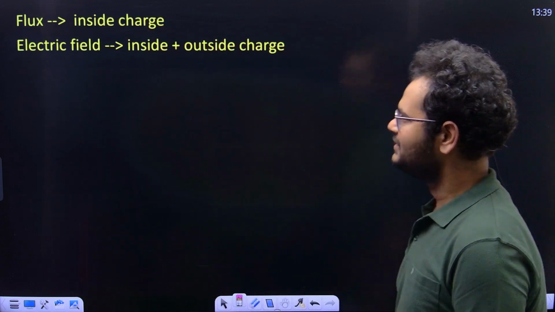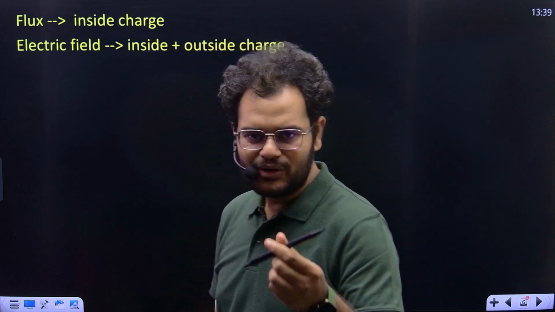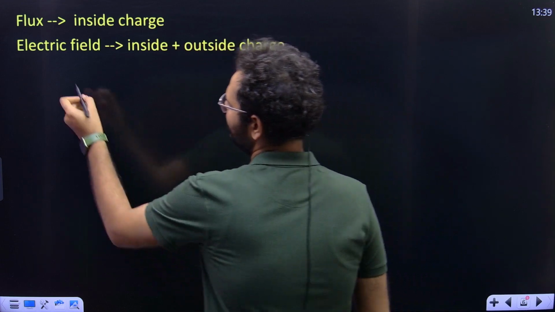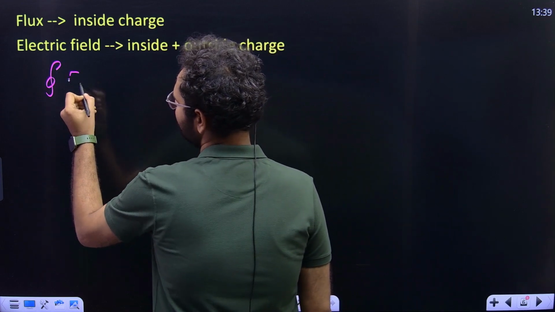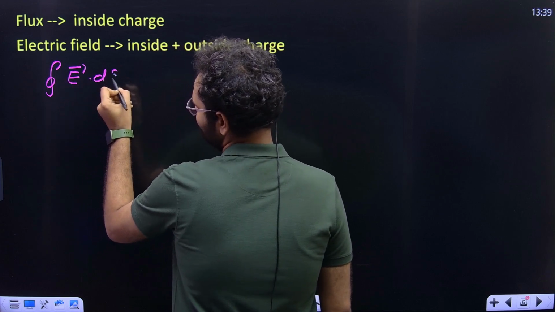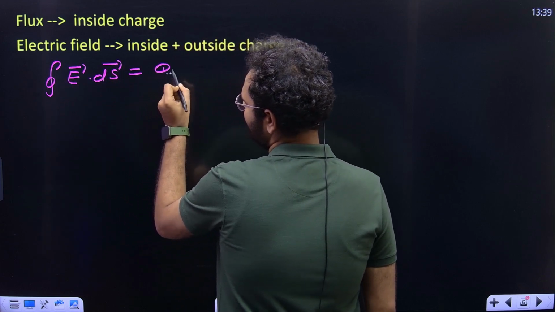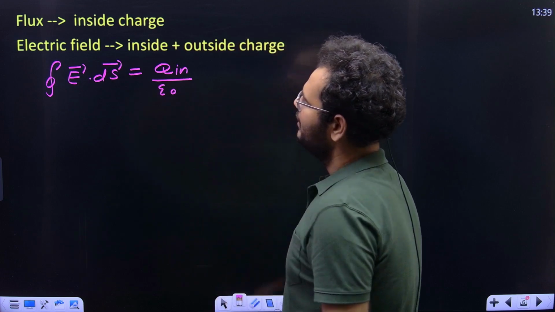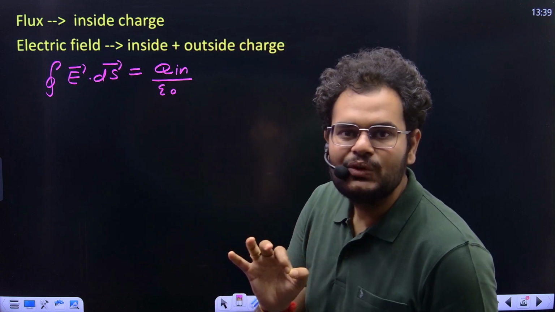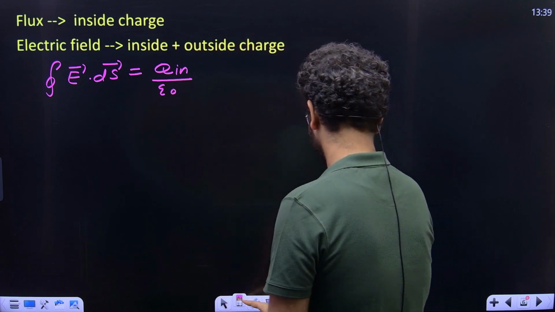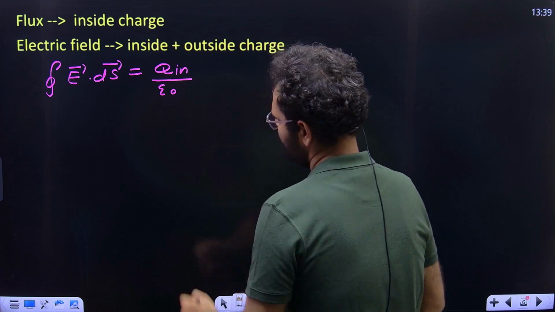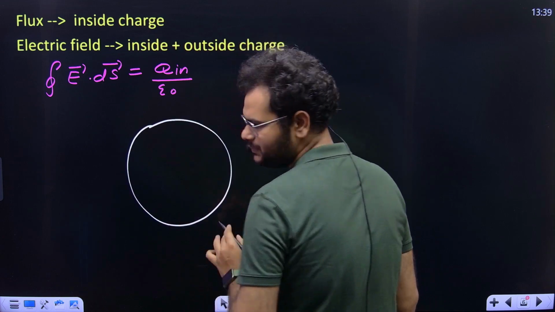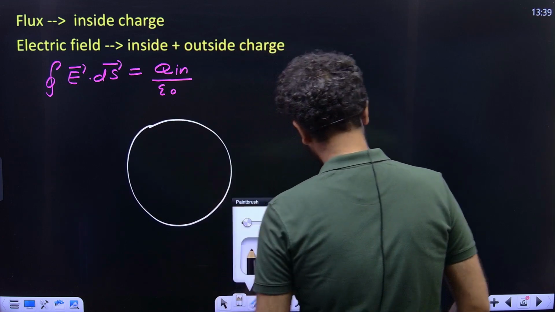What is the next part saying? Yes, very important. Whenever we write the closed integral of E dot ds, which is nothing but flux, we write q inside upon epsilon naught. Flux is always due to the inside charge. Let me visualize. Suppose this is our spherical surface. Let us keep some charges.